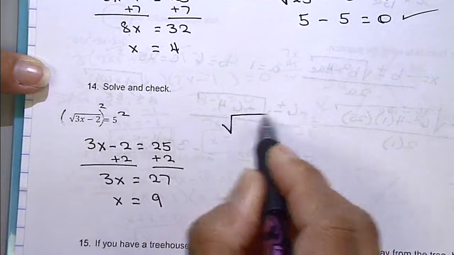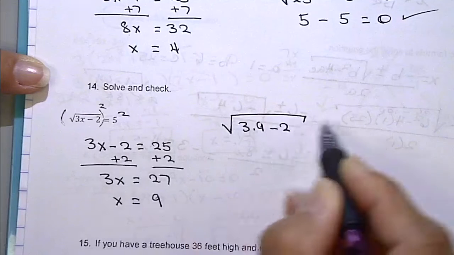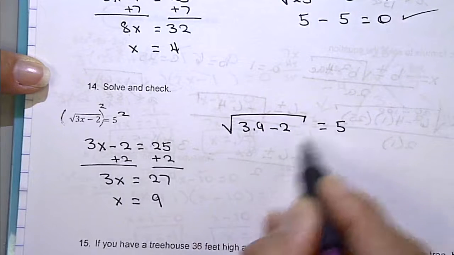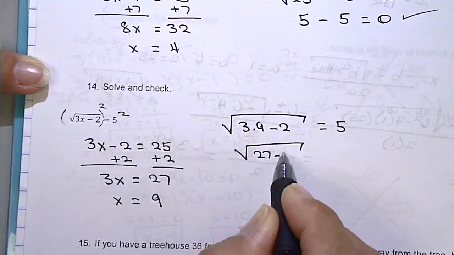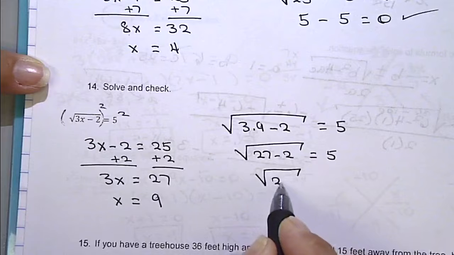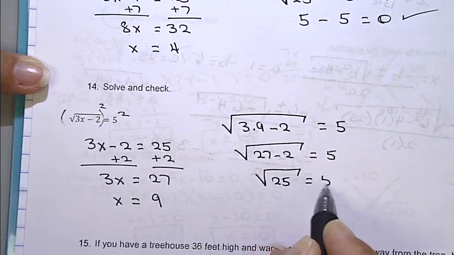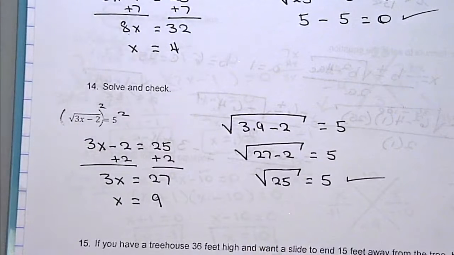I'm going to come up here and say the square root of 3 times 9 minus 2 is equal to 5. That's going to be 27 minus 2, and the square root of 25 is equal to 5. Now, at that point, I'm good. If you leave it there, because you know that the square root of 25 is equal to 5, right? Are we okay? So our solution worked.